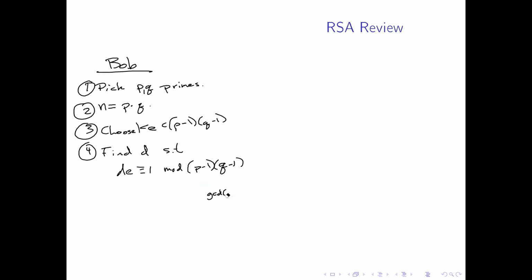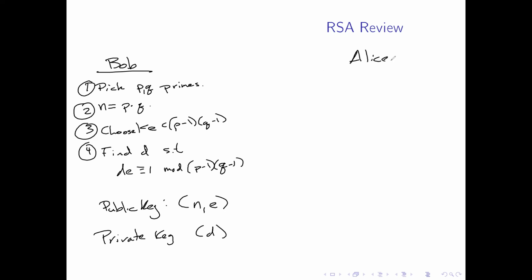Now, there's two things that I stick out there in the world. From all of this, I have my public key, which is N and E. And I have my private key, which is D. On the other hand, Alice over here, if Alice wants to send me a message, well, first up, what Alice needs to do is look me up in a directory and see what I got.